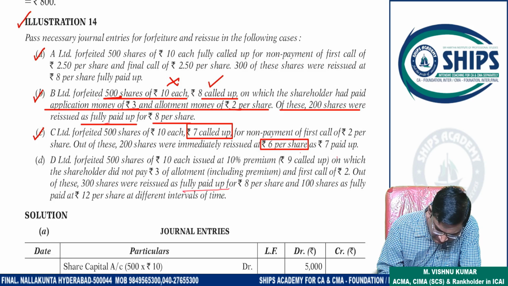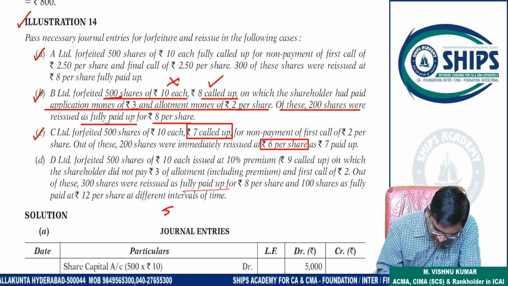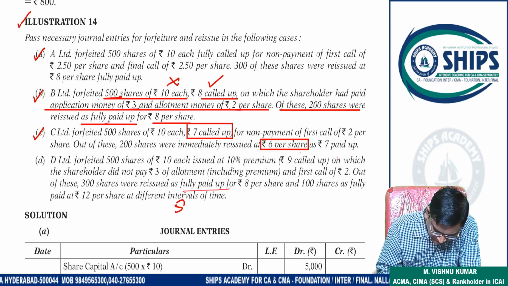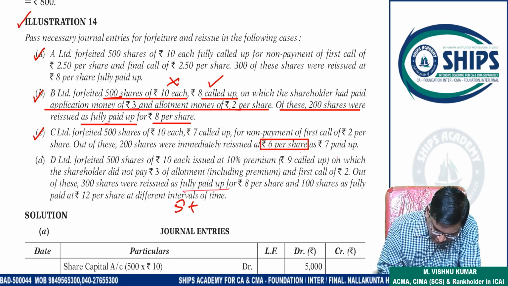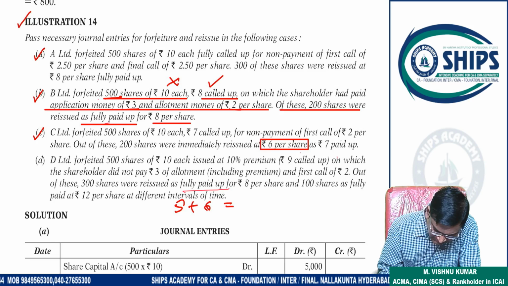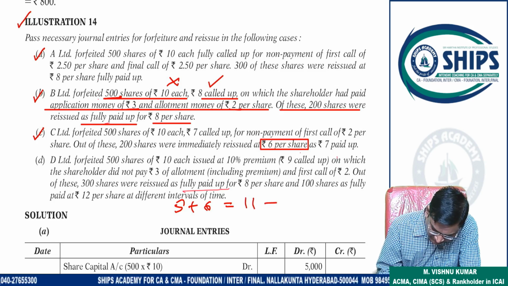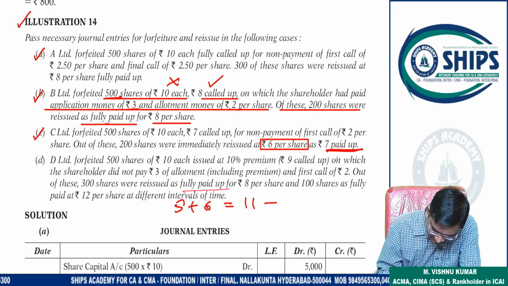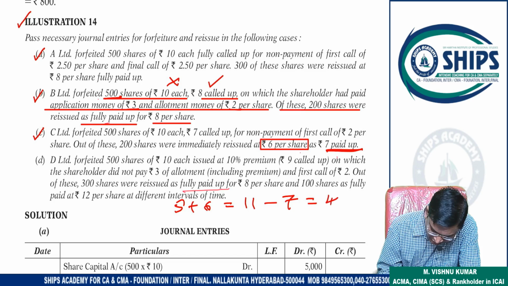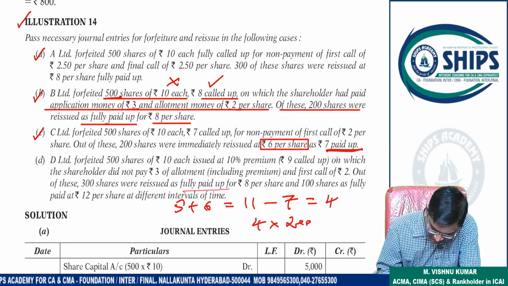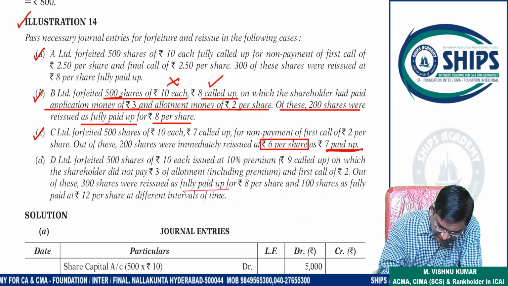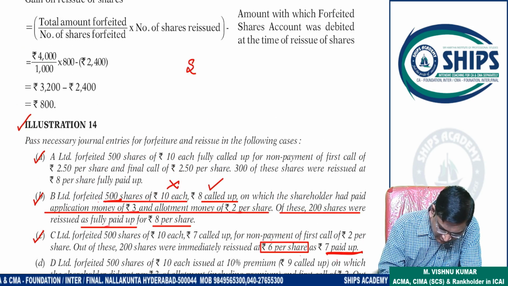Not 7, 5 received, plus on reissue how much? 6. Total 11. 11 minus what is the paid up value now? 7 rupees. 4 rupees per share is the gain. 4 into 200 shares gain. Entry will be shares forfeited to capital reserve.